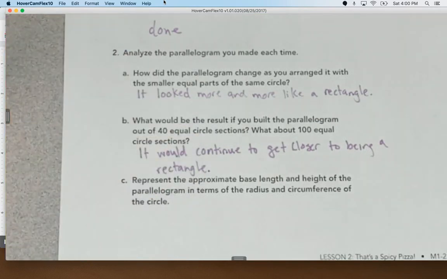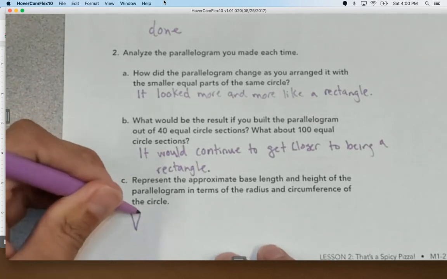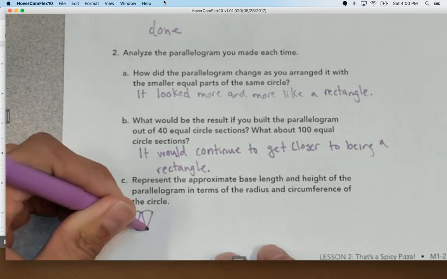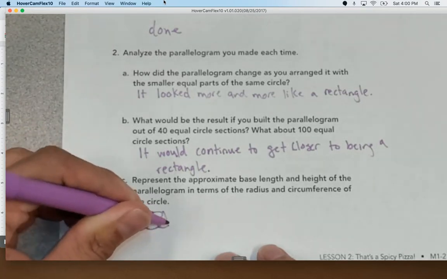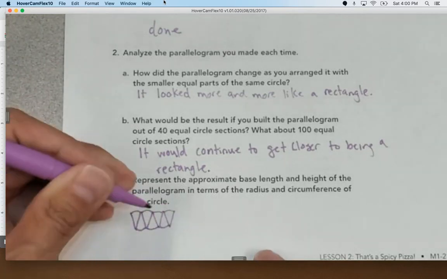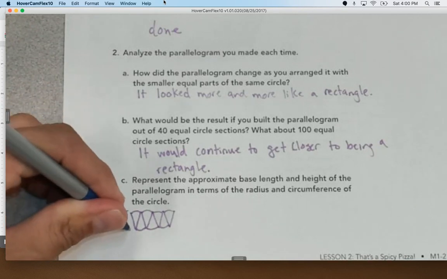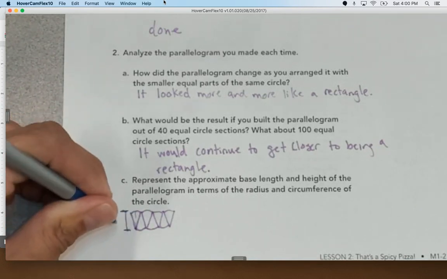C, represent the approximate base length and height of the parallelogram in terms of the radius and circumference of the circle. This was a tricky one, but this is the one I've been drawing a lot for warm-ups. It felt like a big jump when I was doing it myself. This height is from the center to the outside, so that's going to be the radius.